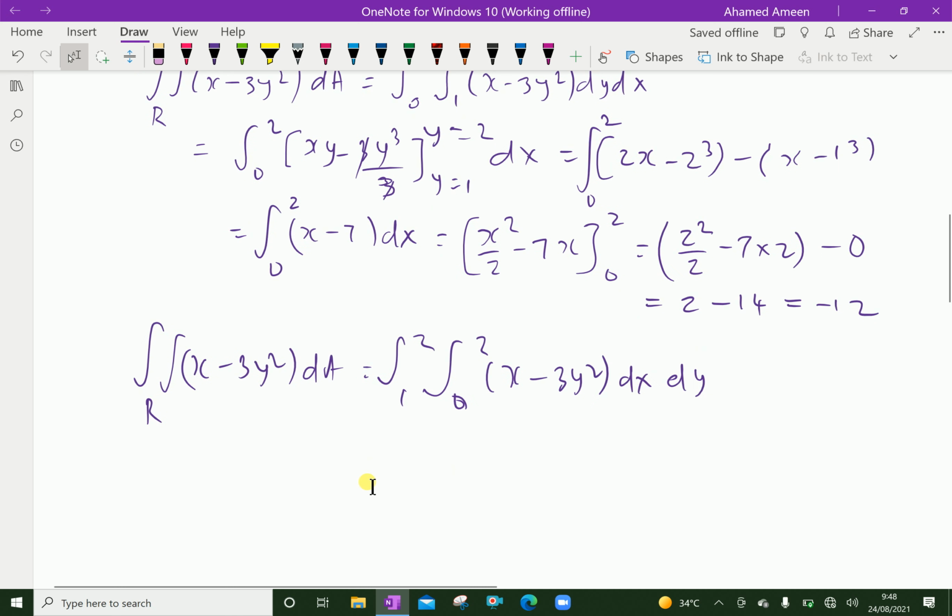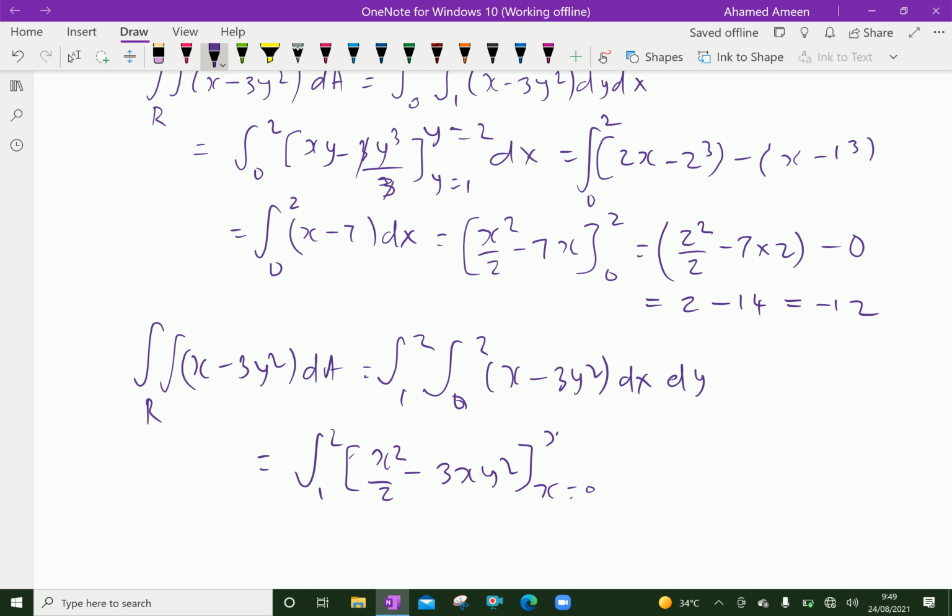So which gives, integral from 1 to 2, we have to integrate x with respect to x, that is x squared over 2 minus 3x y squared, with x from 0 to 2, with respect to dy.